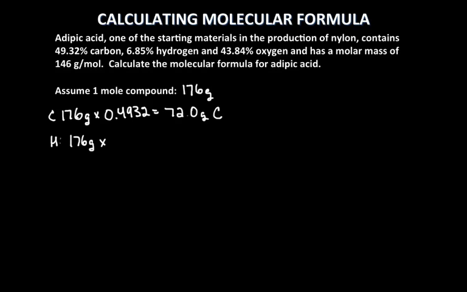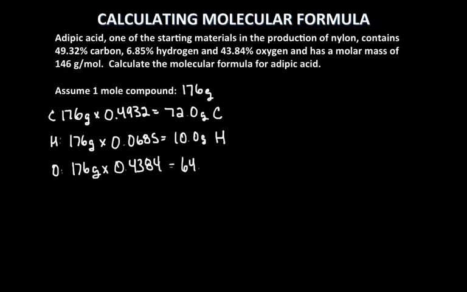Its percentage was 6.85%, so we multiply that by 0.0685, and that gives us 10.0 grams of hydrogen. And then for oxygen, we take 176 grams, multiply it by its percentage, 0.4384, and that gives us 64.0 grams of oxygen.